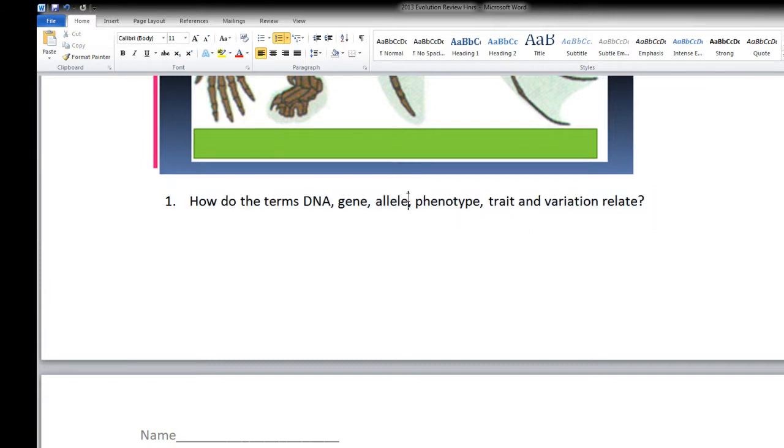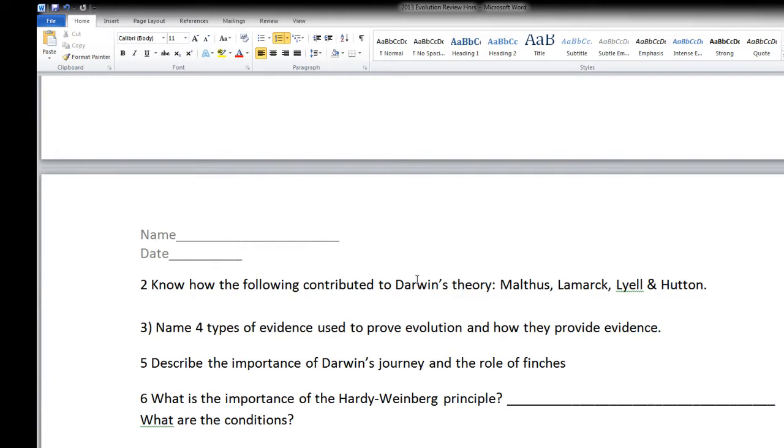Well, the specific gene you get, the allele, that gives you a specific variation, can help you survive better. So you can be naturally selected based on the allele that you've got. Maybe the allele for brown hair helps you blend in more, and so that variation, because of that allele, is going to help you survive better.